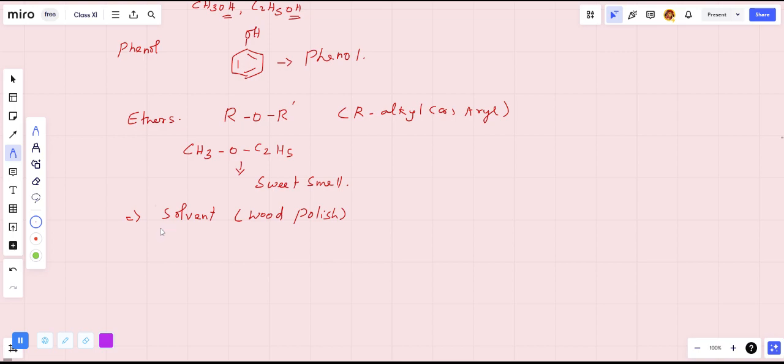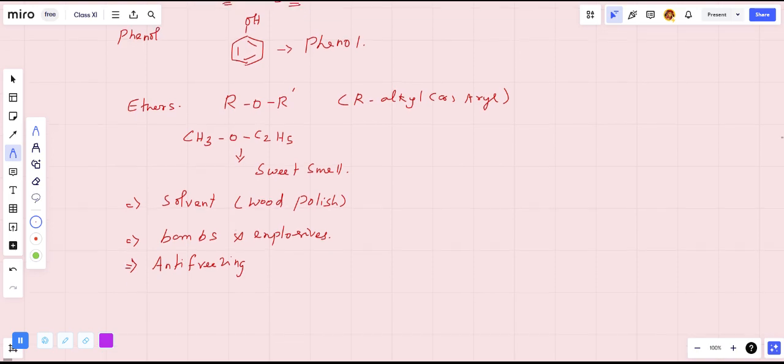Apart from that, it is used for making bombs and explosives. It is also used as an anti-freezing liquid. So, as it has many uses, we need to learn these compounds in detail.